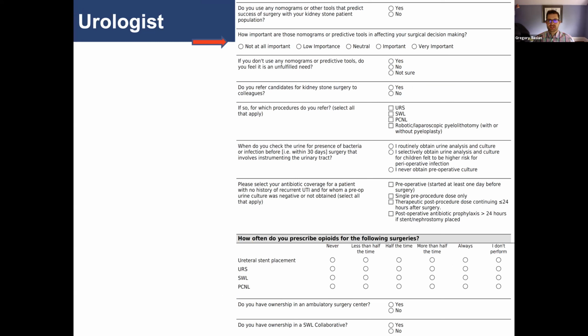The questionnaire also assesses the degree to which an individual surgeon uses different clinical decision aids or nomograms when making surgical decisions or counseling patients preoperatively, and whether or not they refer patients for kidney stone surgery, or whether they're specialists in that particular type of surgery.